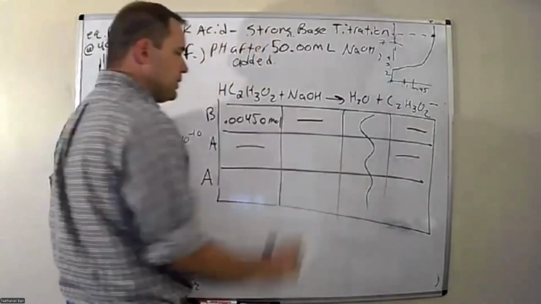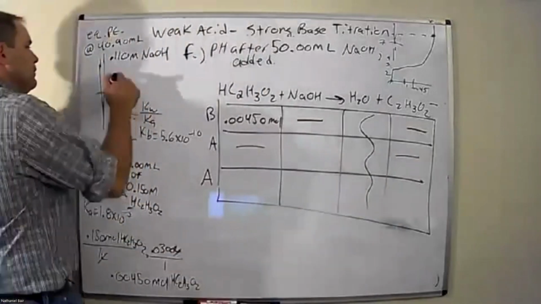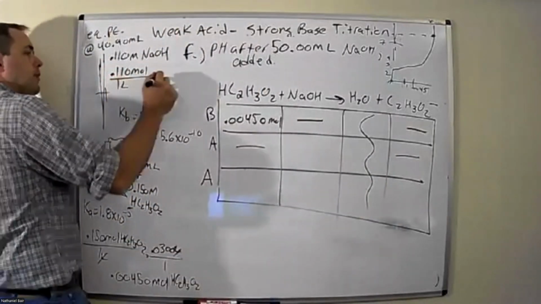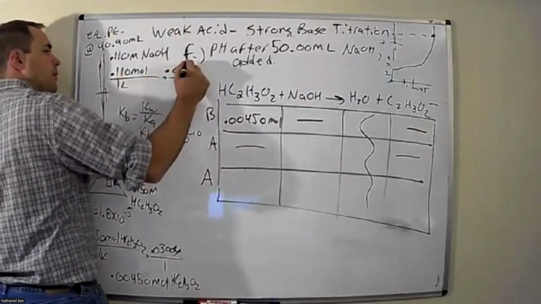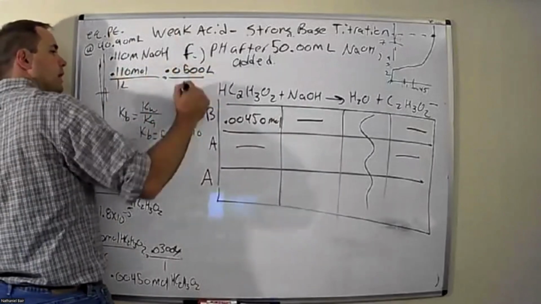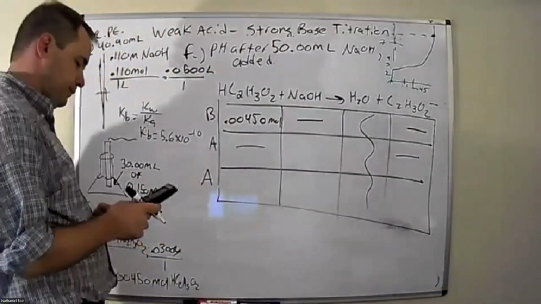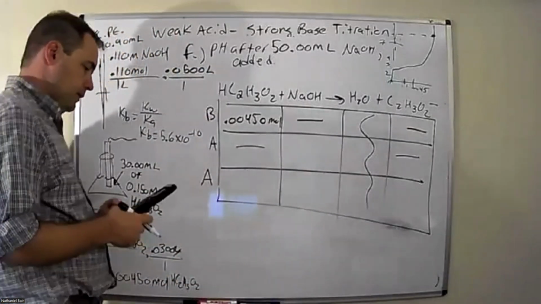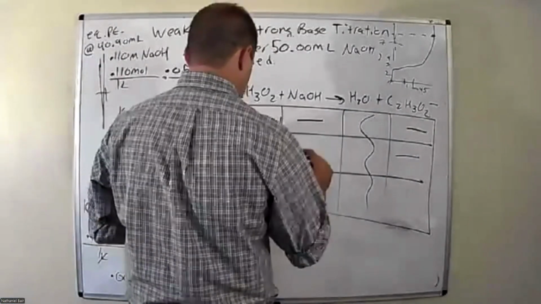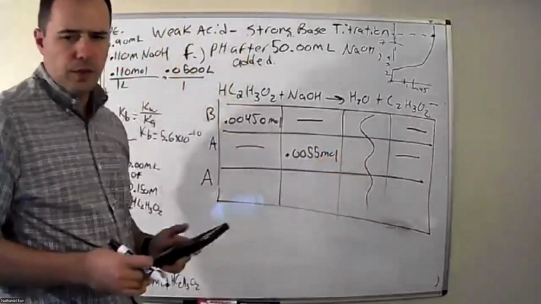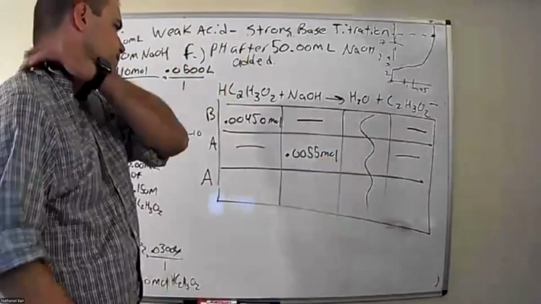Now we need to figure out how many moles of hydroxide we're adding. So we take the 0.110 moles of sodium hydroxide per liter, multiply by the volume. We're adding 50 milliliters. That's going to be 0.0055 moles of hydroxide. We'll pause here and talk about where we're at.